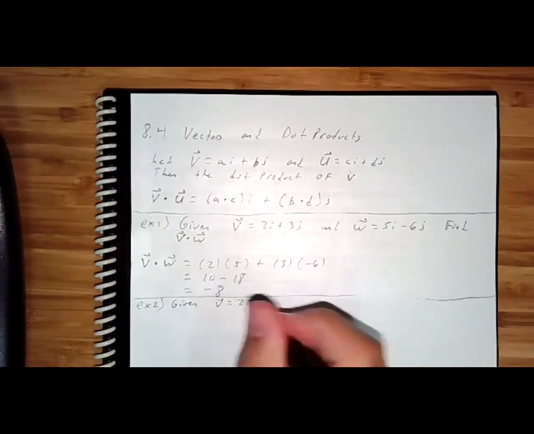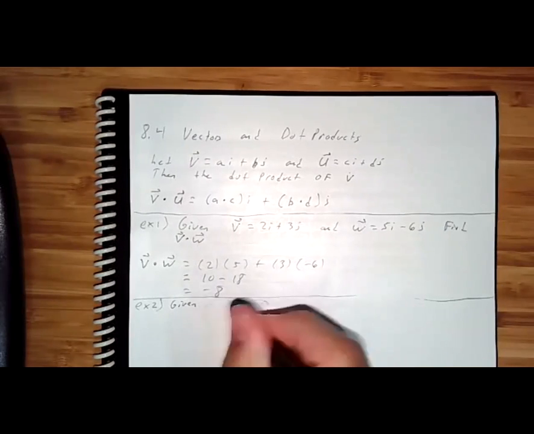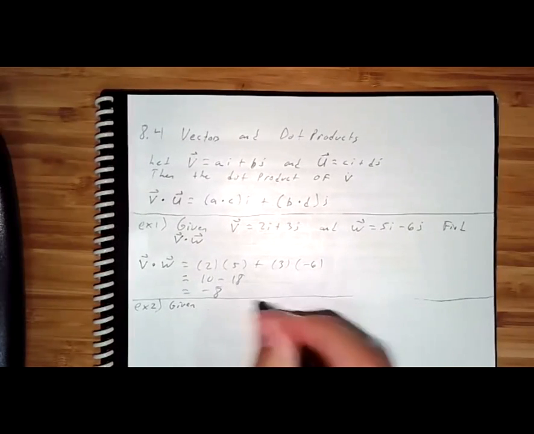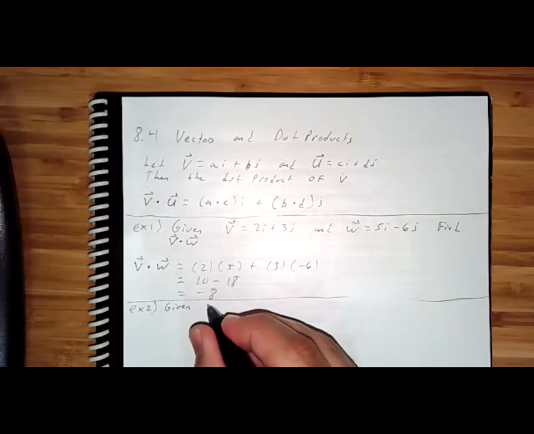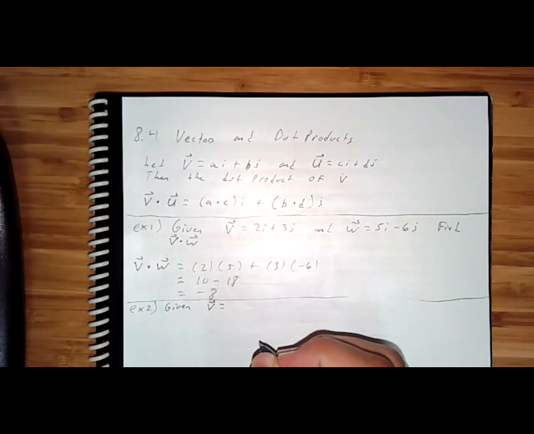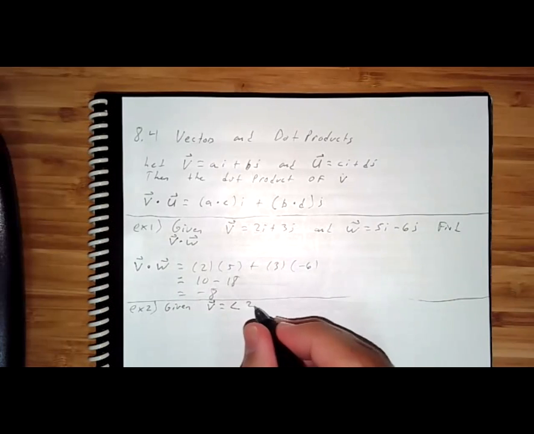Actually, let me use the other notation. V will be equal to 2 comma 3.